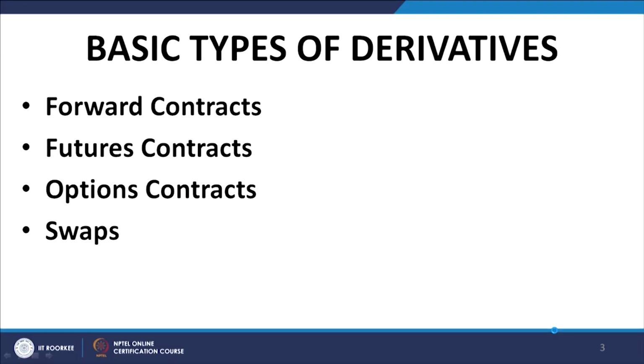And so, we shall be talking more about these instruments later on in this course. A brief introduction to these 4 basic types of instruments: the forward contract, the futures contracts, options contracts, and swaps. When we talk about forward contracts, obviously, it is a contract, so it needs to satisfy all the requirements that are contained in the Contract Act.